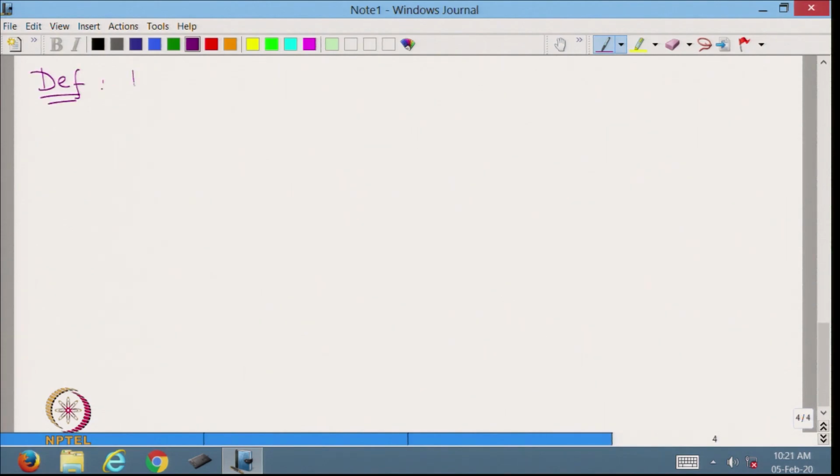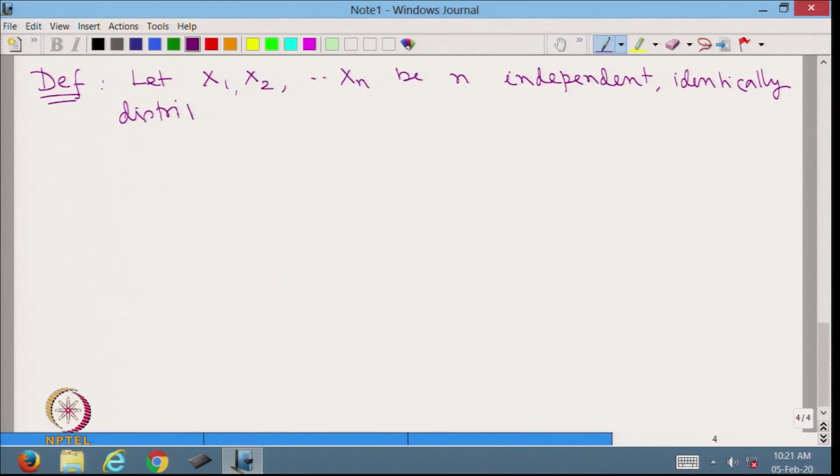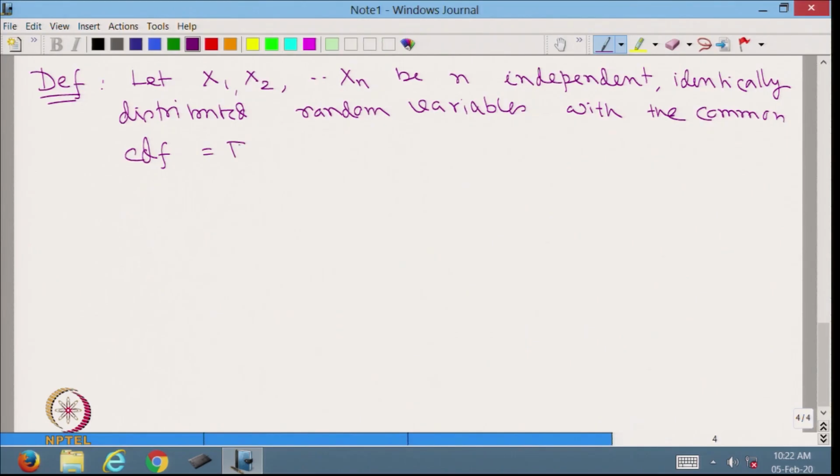Definition: let x1, x2, ..., xn be n independent and identically distributed random variables with the common CDF, the cumulative distribution function, equal to capital F of x and PDF equal to small f of x.